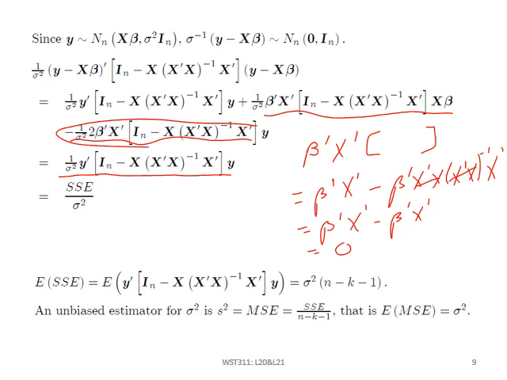Therefore, this quantity here and the quantity there equal 0, leaving us with that expression over there, which is nothing else than the error sum of squares divided by sigma square.